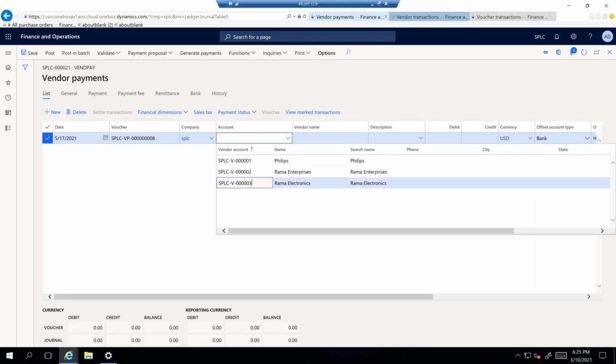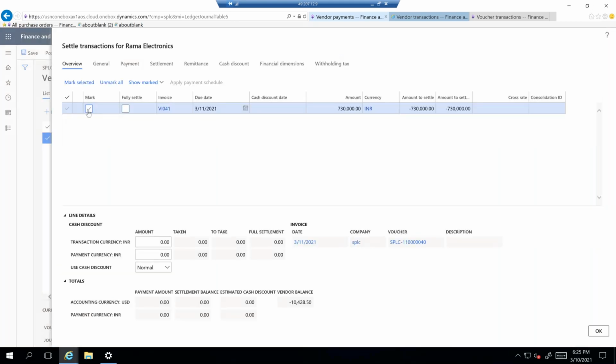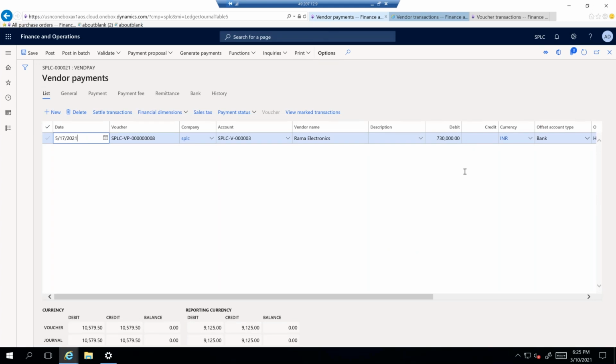So this company is paying Indian rupees 7 lakhs. If you want, you can select the invoice. It is a 7,30,000 invoice value, so 7,30,000 will be paid.